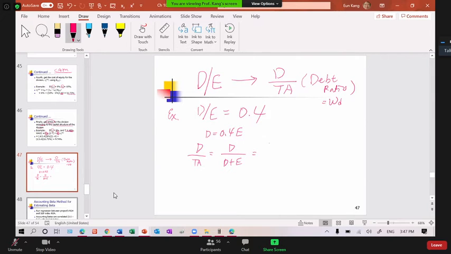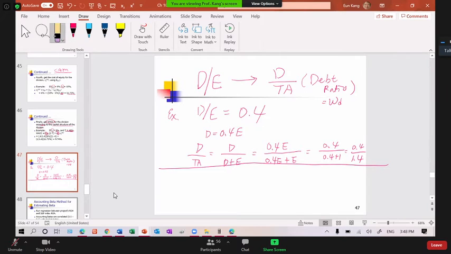But D is 0.4 E, so 0.4 E over 0.4 E plus E. Then just dividing numerator and denominator by E, we get 0.4 over 0.4 plus 1, which is 0.4 over 1.4, right? This is the more systematic way.